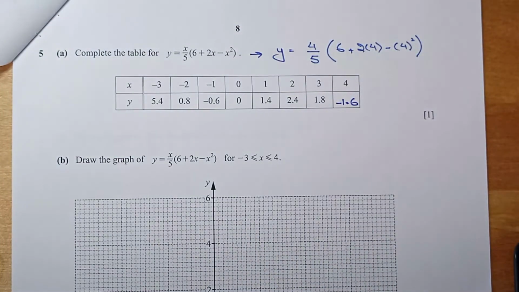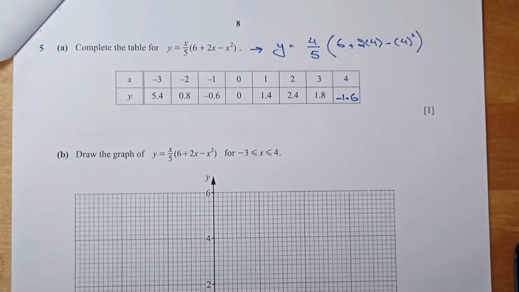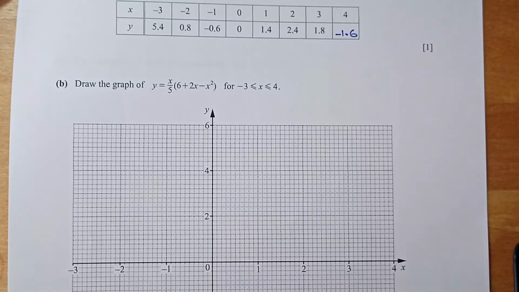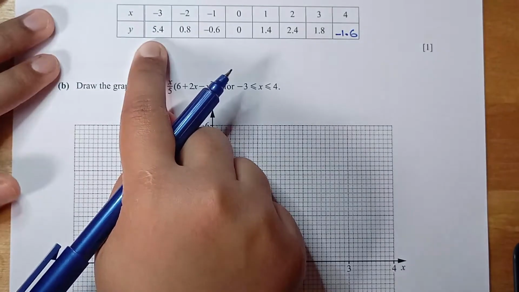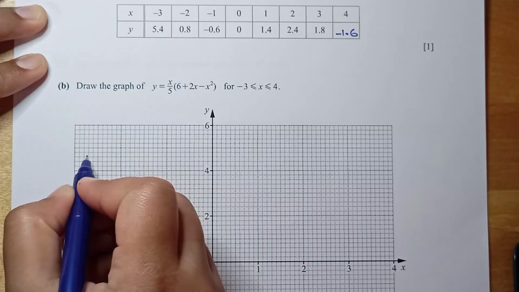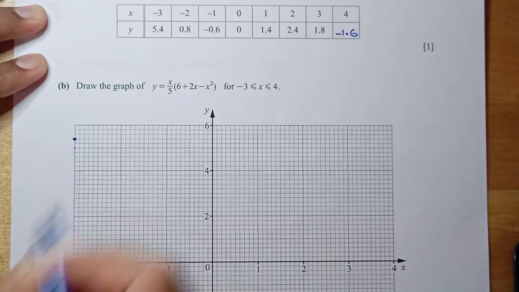Now for the B part, draw the graph of the function for x between minus 3 and positive 4. Okay, so that's easy. When x is negative 3, the y value is 5.4. So we have negative 3 over here, we have 4, and this point is 5, 5.2 and 5.4. This point.